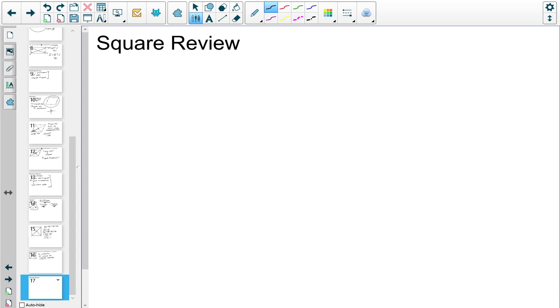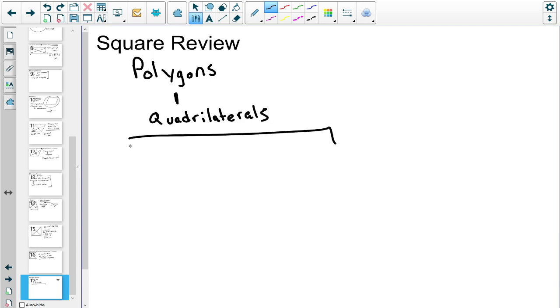Square review. This last slide is going to be a little bit special. So let's look at everything we know. We've learned about polygons. Polygons are shapes with lines and all that good stuff. I think we've reviewed that definition. And then you can break that down into quadrilaterals. And then quadrilaterals has its whole own tree of things, one of those being parallelogram.